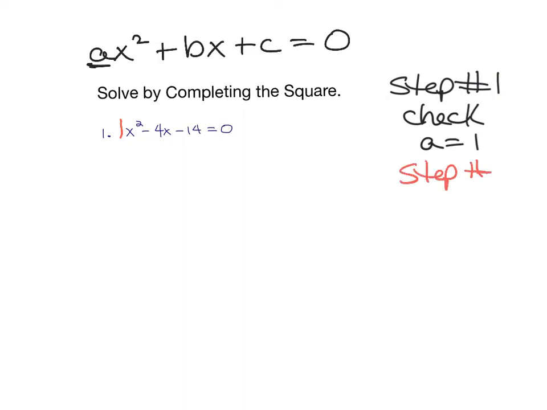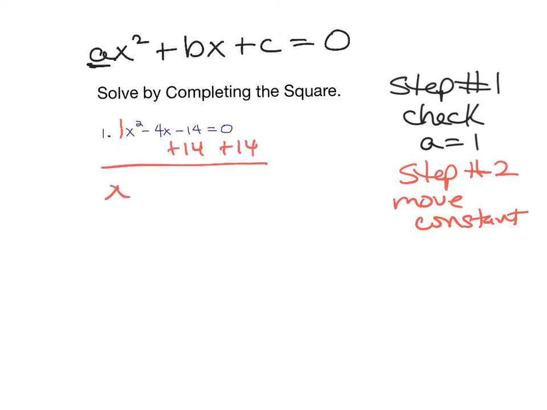Step 2 says to move the constant. So I'm going to move the constant to the right side by using an inverse operation. So I end up with x squared minus 4x, I'm going to leave a blank space, and set it equal to 14.